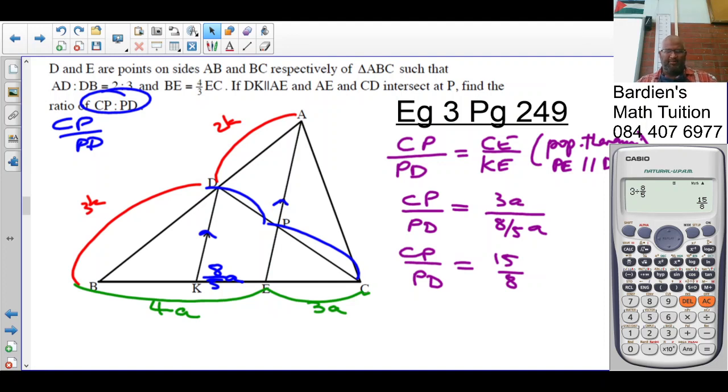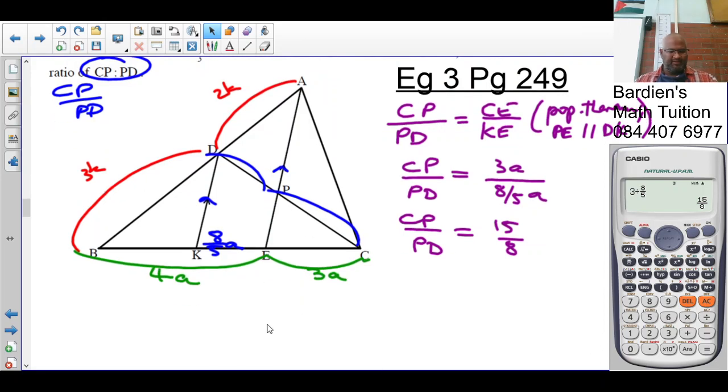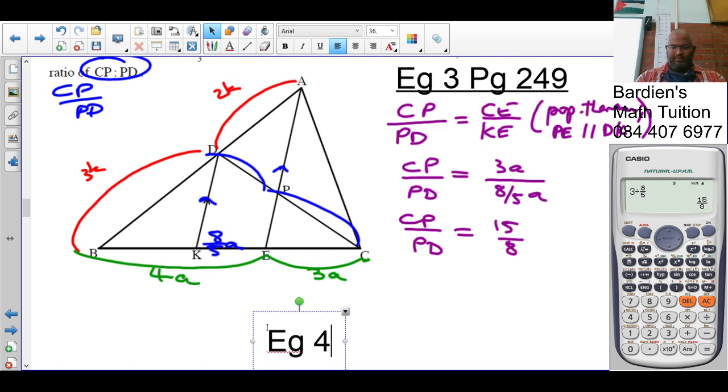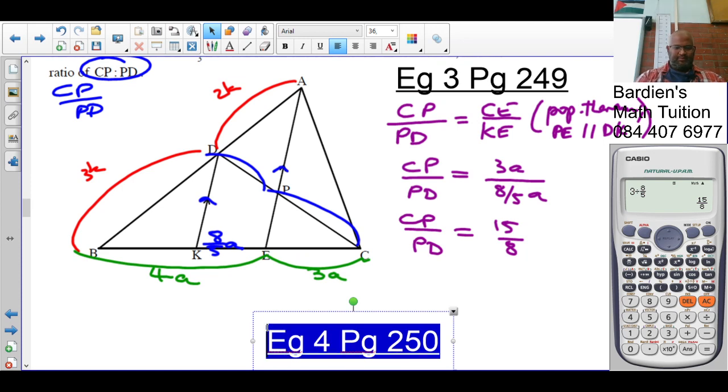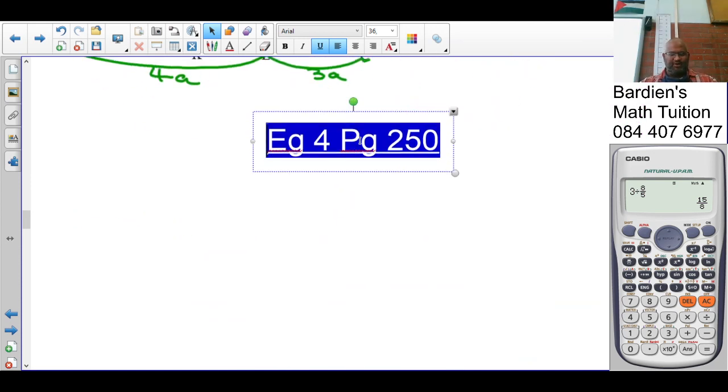Example 4, I'm going to go a bit quicker through it as we've got 5 minutes left. Example 4 is on the next page, page 250.